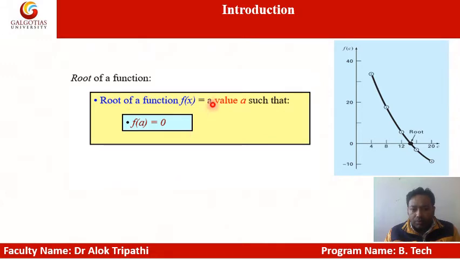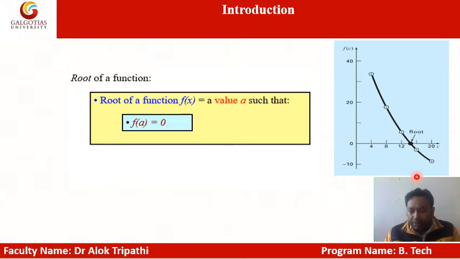So root of a function f(x) is a value a such that f(a) equals to 0. In the graph you can see here, this is the graph of f(x), the given function, and it cuts the x-axis at this point.